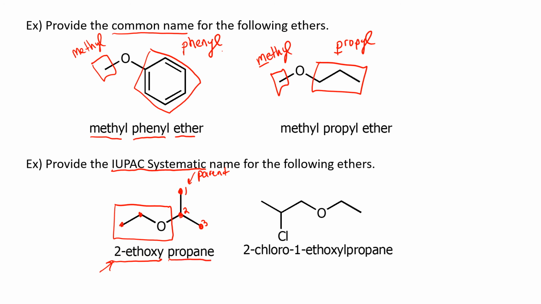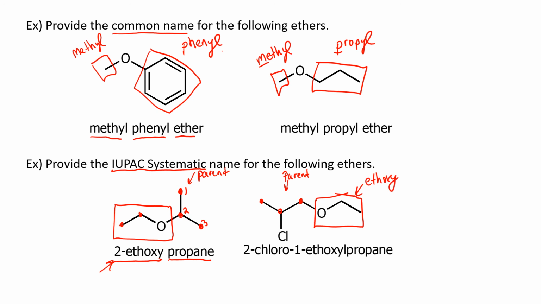Now for our next one, our longest parent chain is on the left. We have a 3 carbon chain versus our alkoxy substituent, that's an ethoxy.